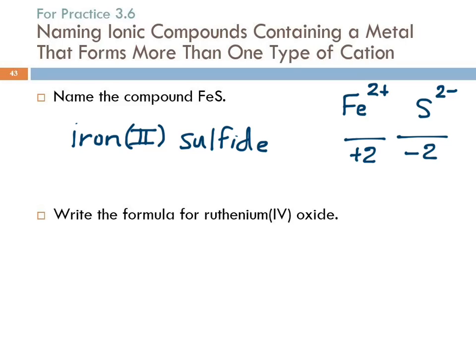Write the formula for ruthenium IV oxide. What is IV? 4. Because the Roman numerals go 1, 2, 3. And you're thinking, man, if they're just going to write a line for each number, you get to 15. That's going to be a lot of them, right?